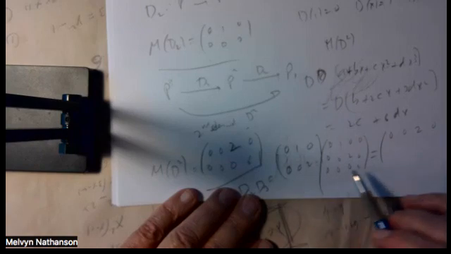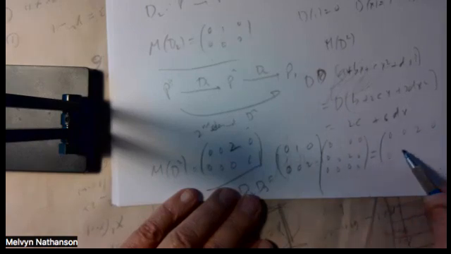For the second row, I get 0, 0, 0, 6. And this matrix is exactly the same as this matrix. So this is just saying that everything fits together nicely, and what you learned in calculus carries over to linear algebra.